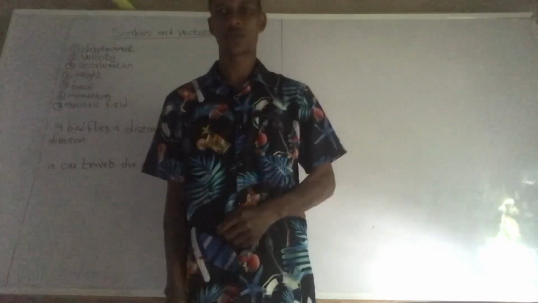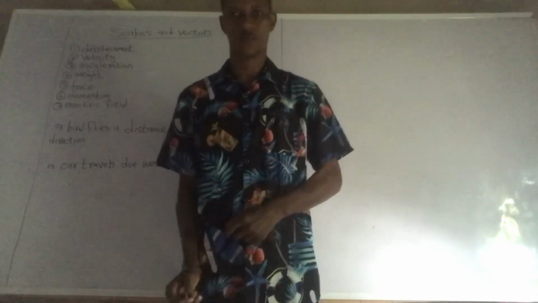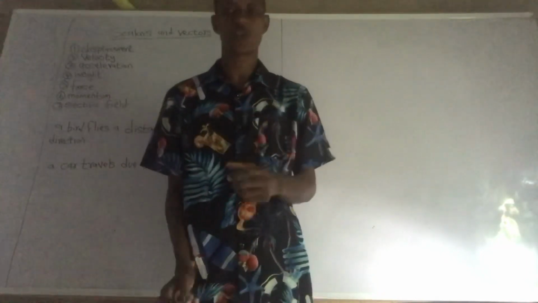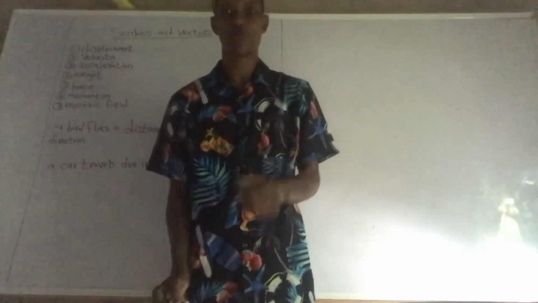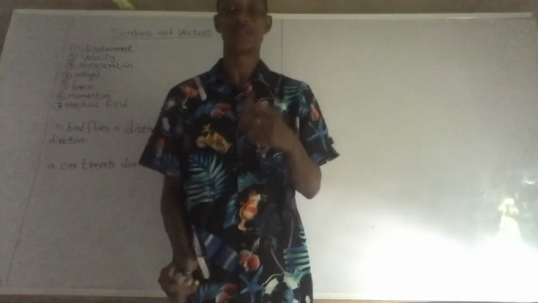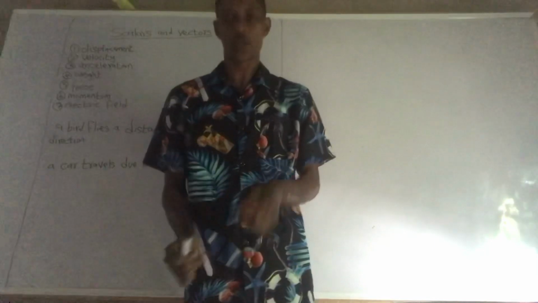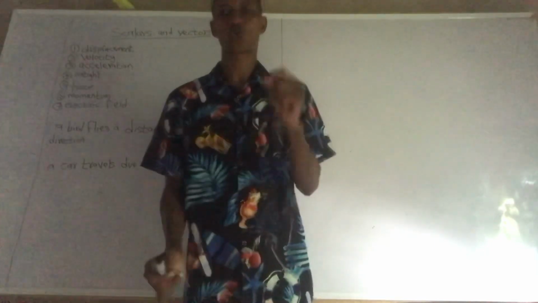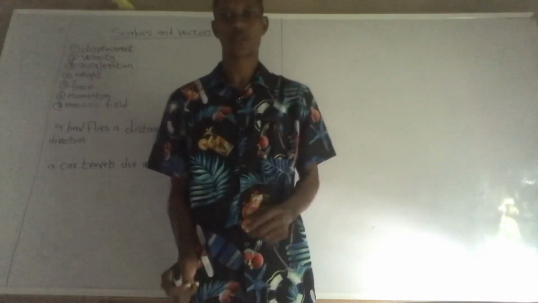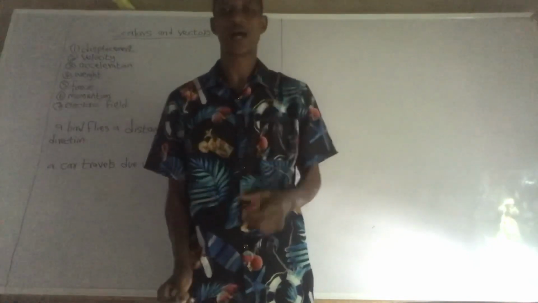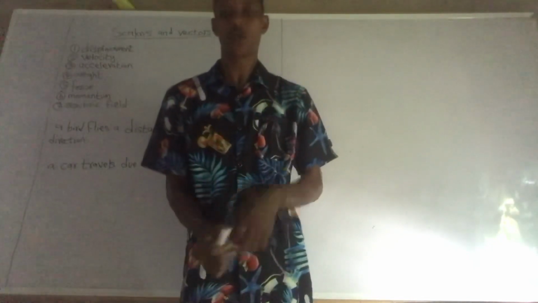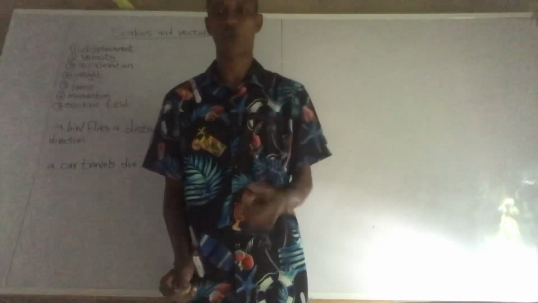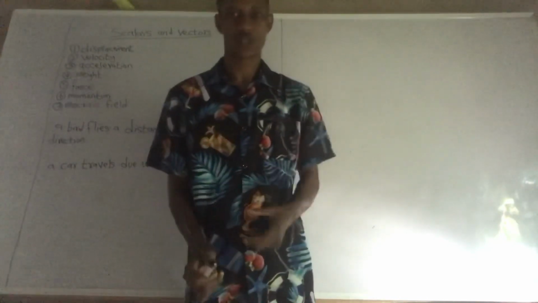Now let's talk about the concept of vectors. Many other measurable physical quantities have magnitude or numerical value and direction as well. Such quantities are not completely described unless you know their magnitude and direction. Such quantities are called vector quantities.